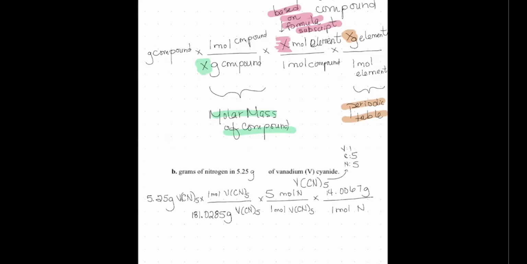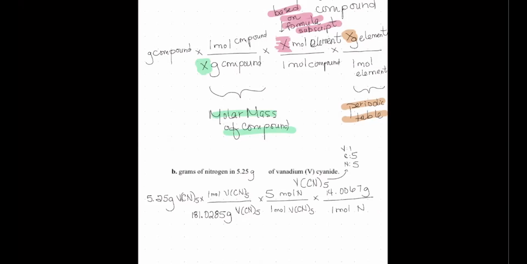Now, to finalize this, I'm going to do 5.25 times 1 times 5 times 14.0067. And that number I'm going to divide by 181.0285. I have a calculator display of 2.0310, yada, yada, yada.